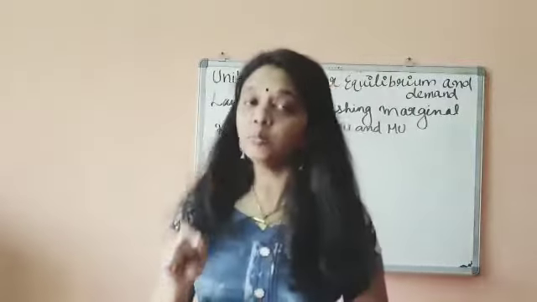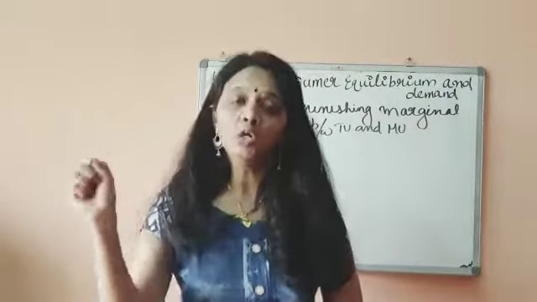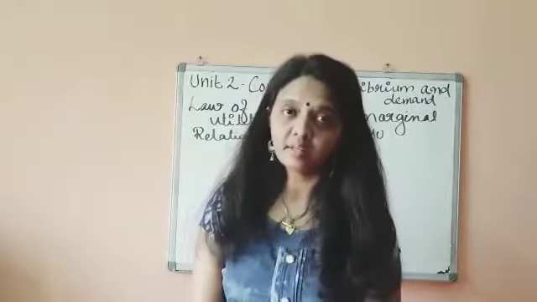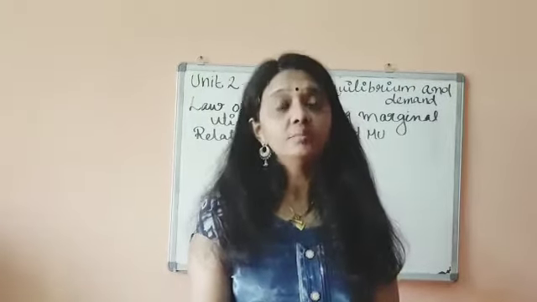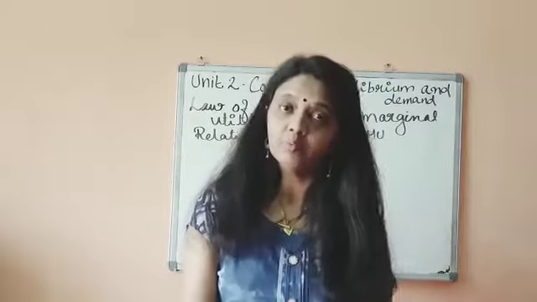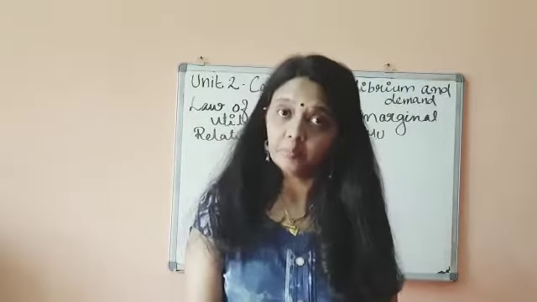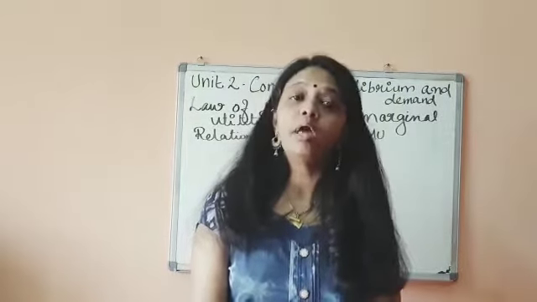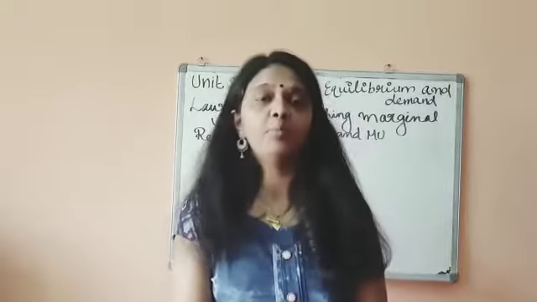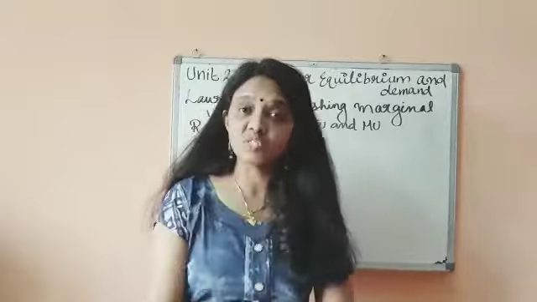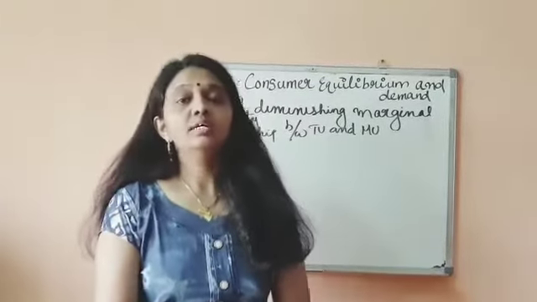Law of diminishing marginal utility. The law states that marginal utility derived from the consumption of a commodity must diminish as more and more units of a commodity are consumed at a point of time. There are two assumptions of the law.